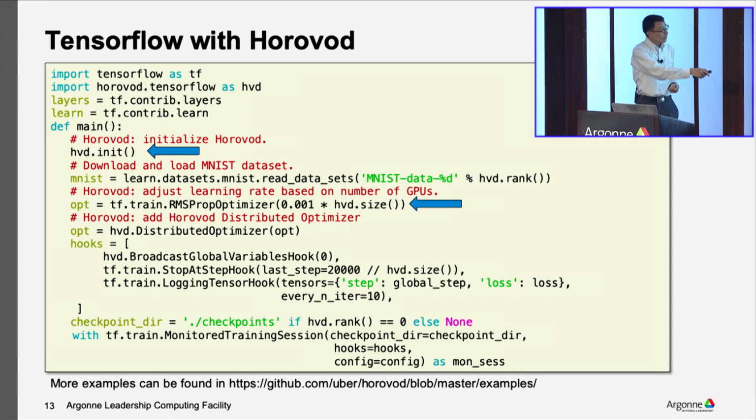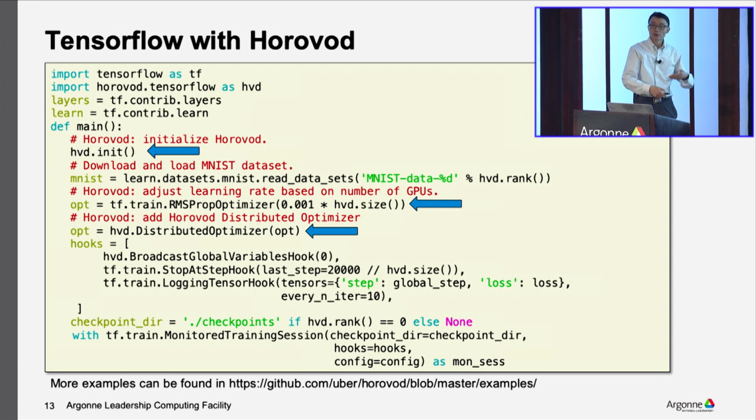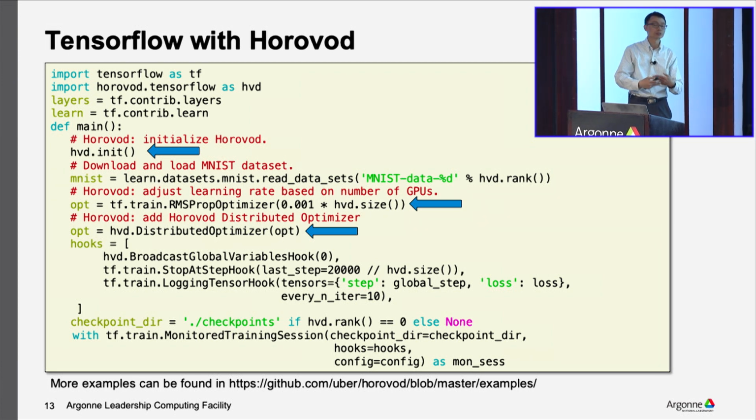So we scale the learning rate and then wrap it with the distributed version. This distributed version of the optimizer will not only calculate the weights, but also do the aggregation, the MPI allreduce, to sum over all the local gradients, so they have a global gradient. And then only rank 0 writes the checkpoint file.